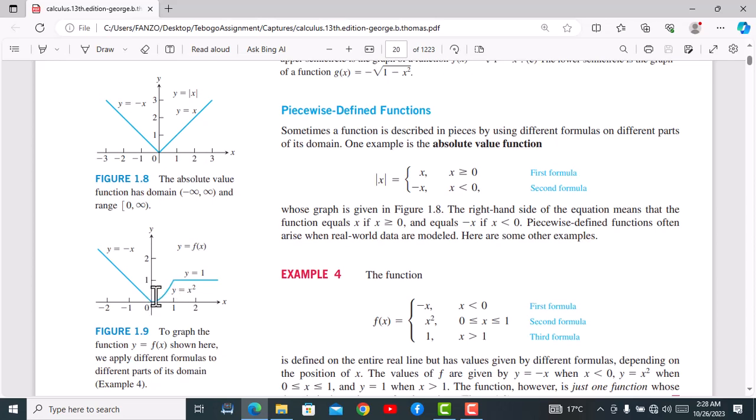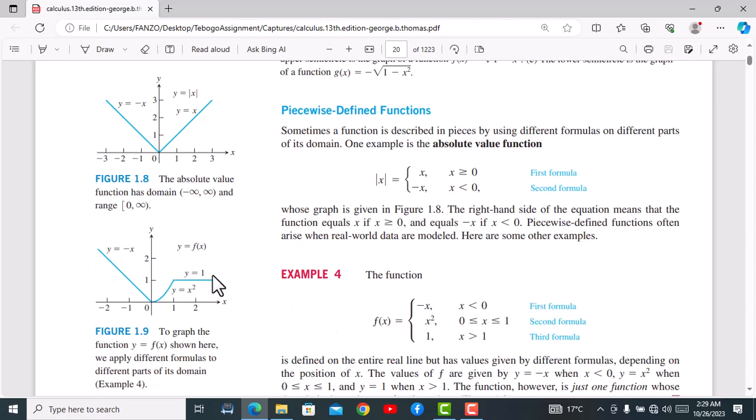Remember, this was a parabola, but we have taken only the other piece. So we are saying x squared for x between 0 and 1. We are defining this function from 0 up until 1, with this second formula x squared.